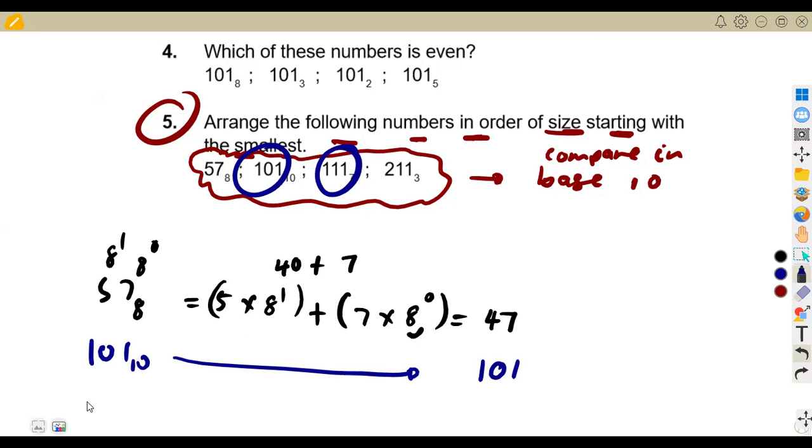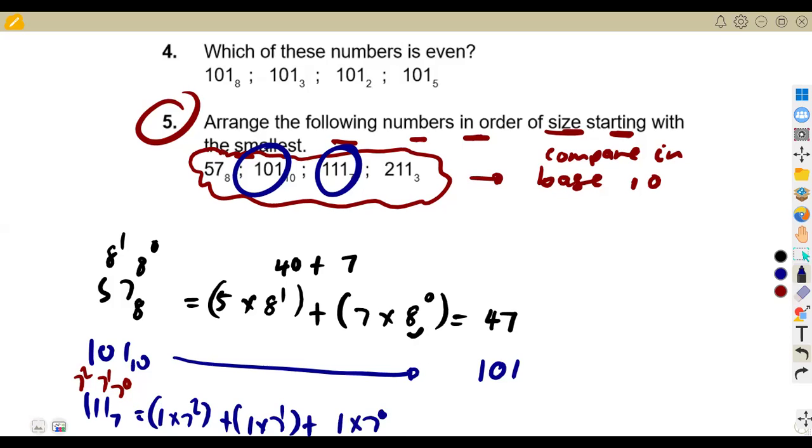All right, let's move on to 111 base 7. That gives us 1 times 7 to the power of 2 plus 1 times 7 to the power of 1 plus 1 times 7 to the power of 0.